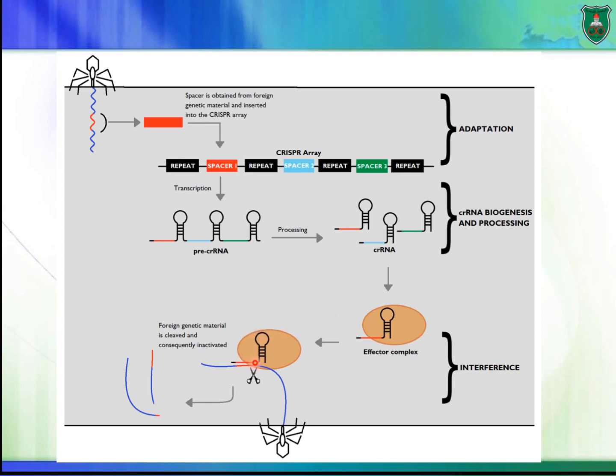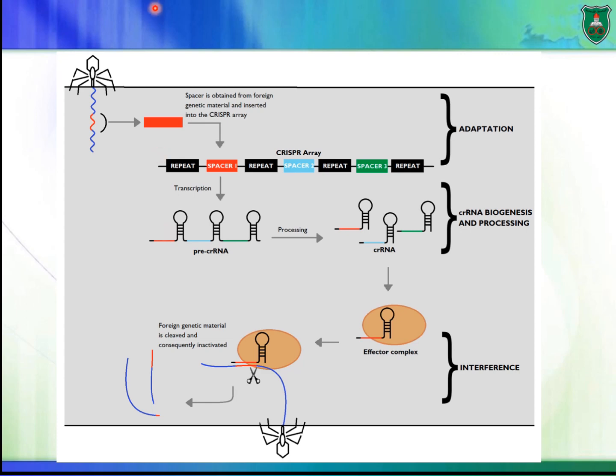You have complementary base pairing taking place between the bacteriophage DNA and the RNA that is now part of the Cas9. Then Cas9 degrades the bacteriophage DNA. So now the bacteriophage DNA cannot overcome the bacterial cell, and this is how the bacterial cell protects itself against the bacteriophage. This is like an immune system of bacteria, which is quite sophisticated.